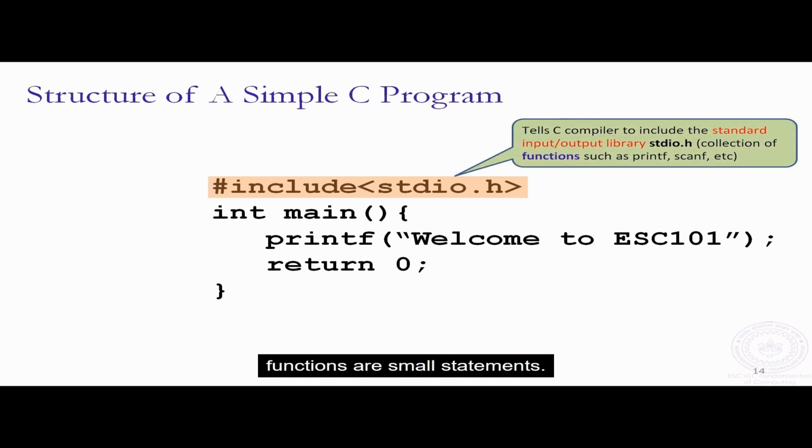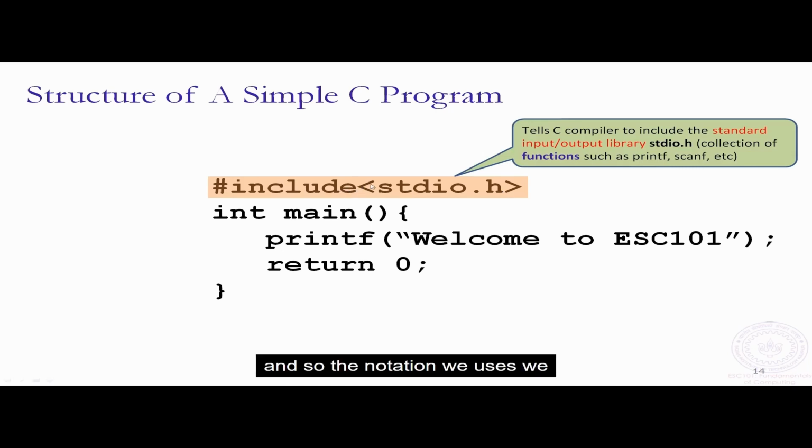Functions are small statements that tell the computer to do something specific. And so you have a library of such functions that other people have written already so that you don't have to do it. So you can borrow from those other people's labor and just borrow their code by including this particular header file into your program.